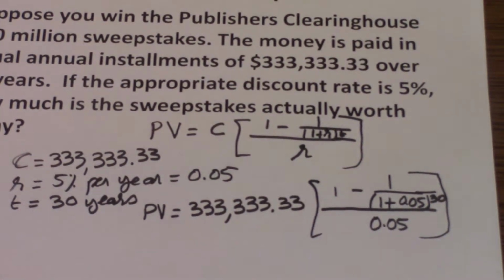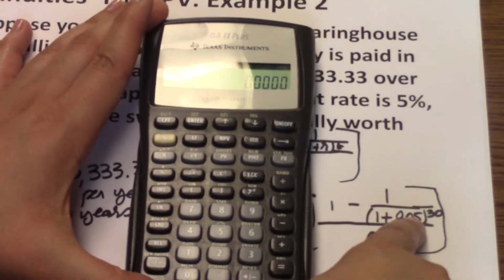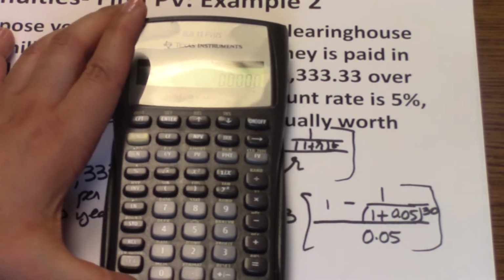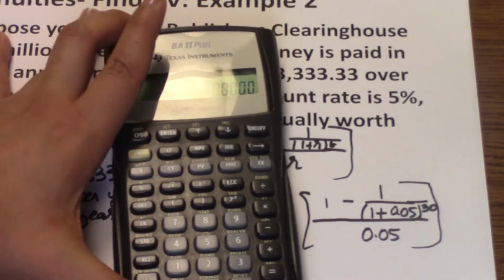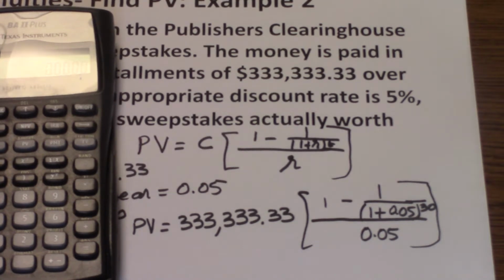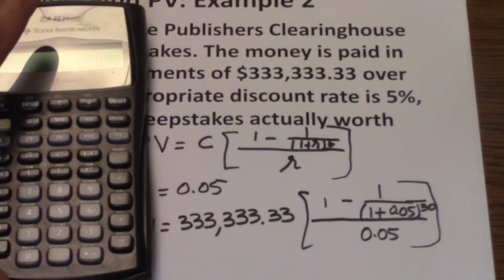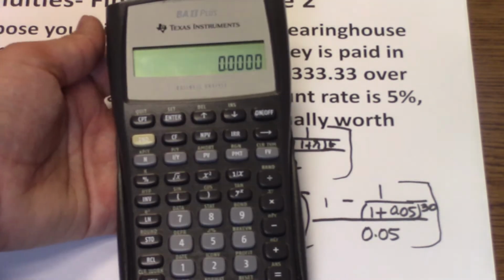If you're using the financial calculator, then you can first start calculating the numbers between brackets. In this case, we're going to start with 1 plus 0.05 to the power 30. We inverse that. We use it as a negative number. We add 1, and then we divide by 0.05 and multiply by $333,333.33. So this is what we will be doing.